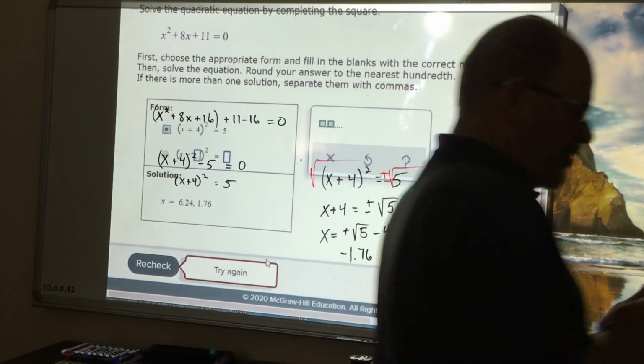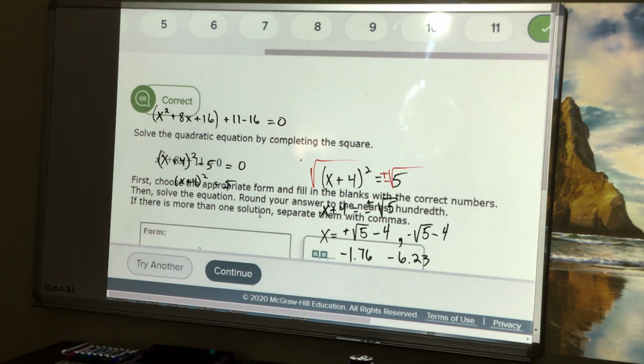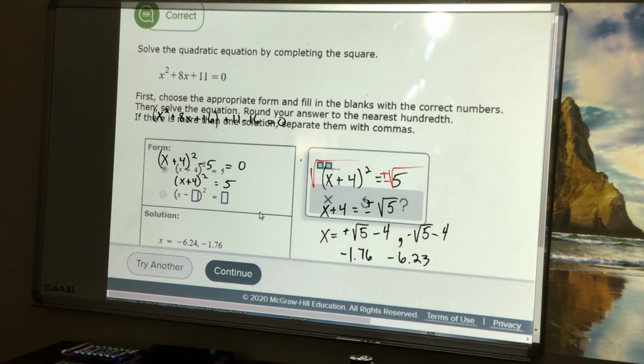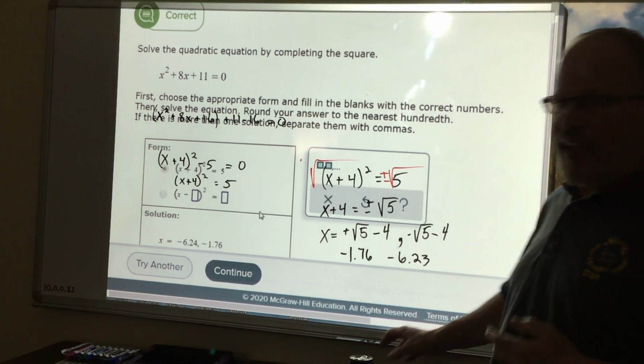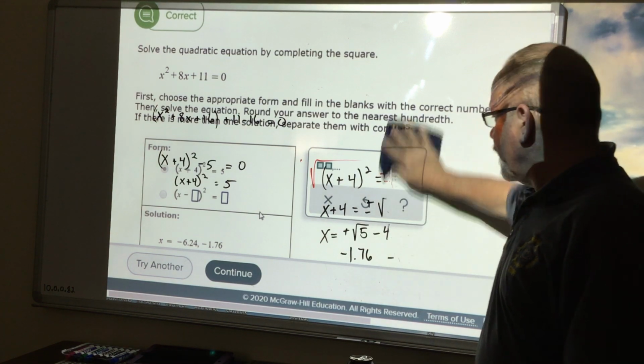So let me just toss them in as negative signs. Okay, so again, pay attention to my mistakes. That's the most common mistake with these is sign problems.